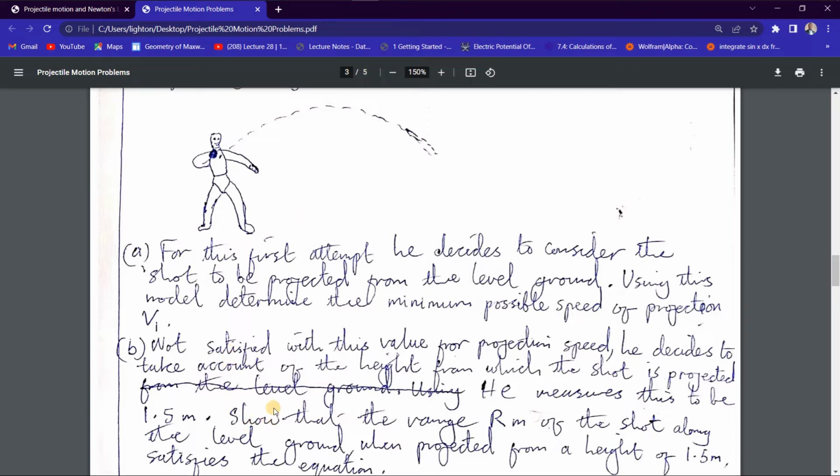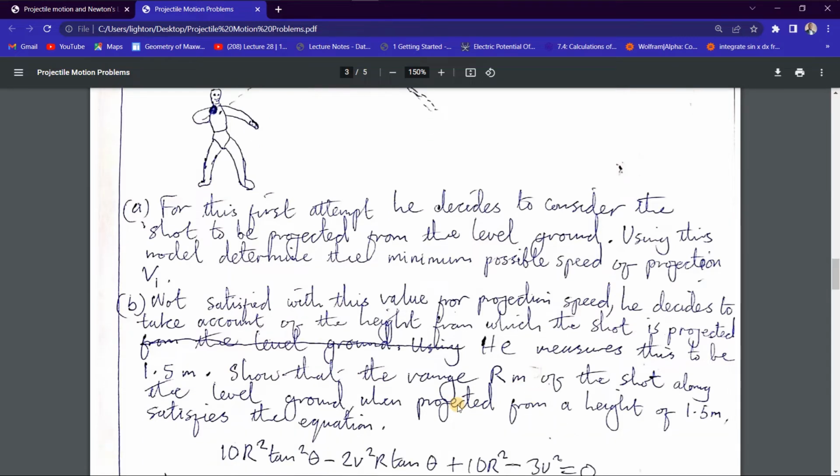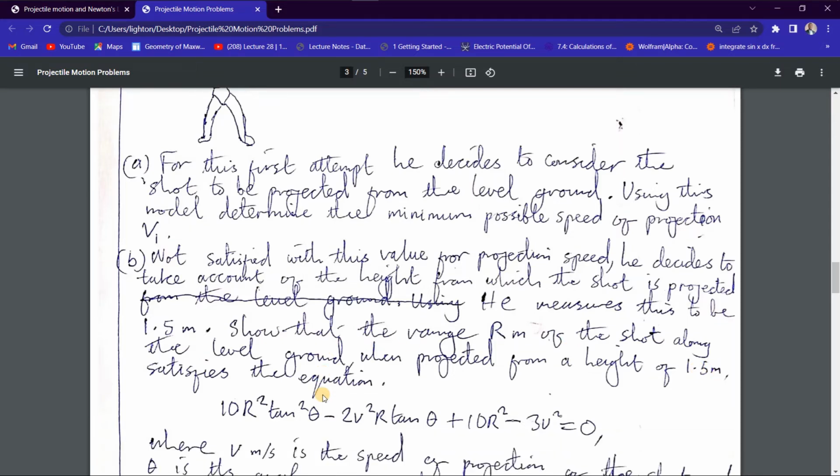Using this information, show that the range R of the shot along the level ground when projected from a height of 1.5 satisfies the equation 10R squared tan squared theta minus 2v squared R tan theta plus 10R squared minus 3v squared equals 0. So we must show that this range satisfies this equation when he measures the height to be 1.5.